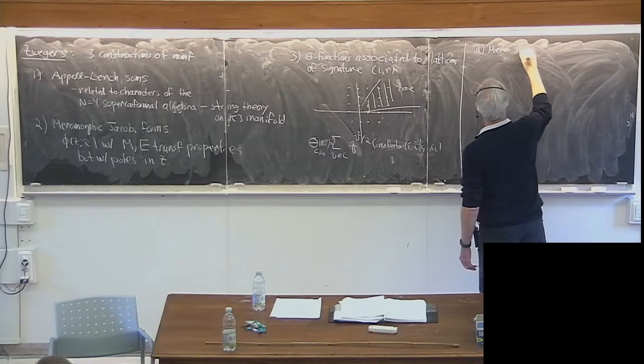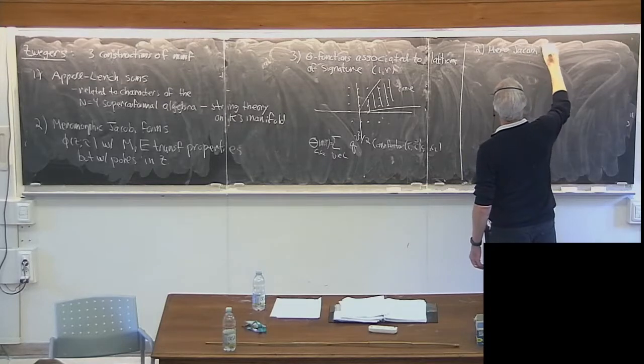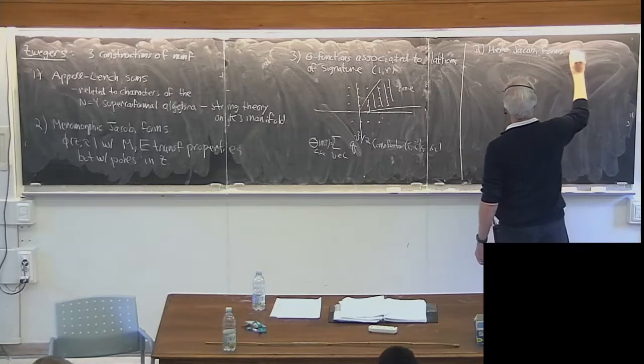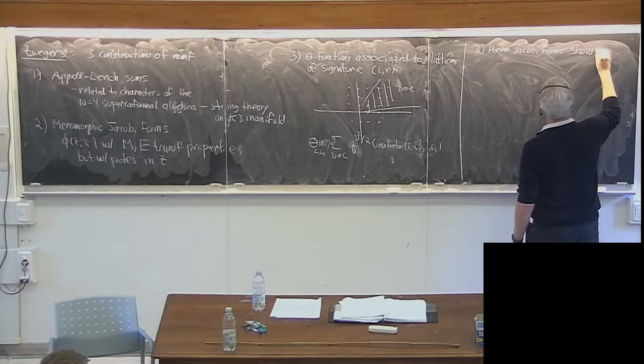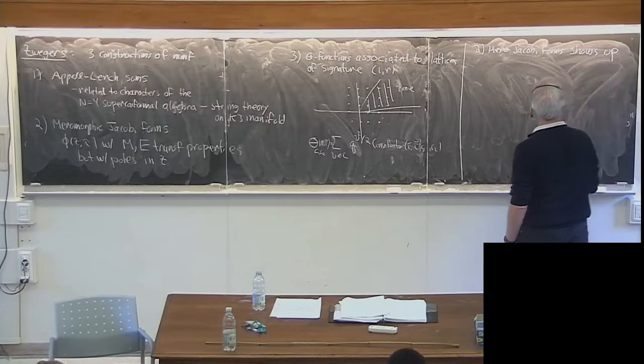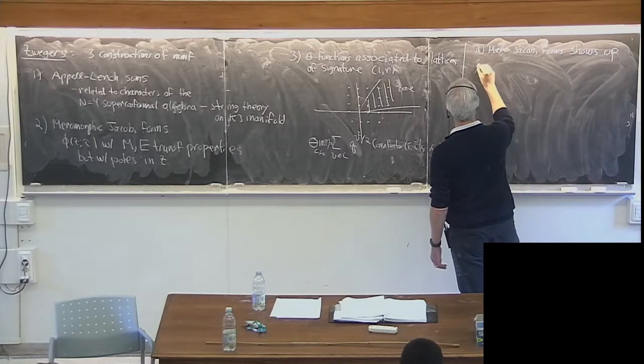Now, the second example, perfect Jacobi forms, shows up, or has shown up in two places recently.